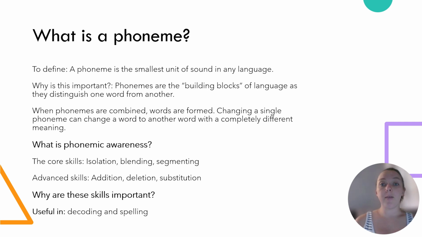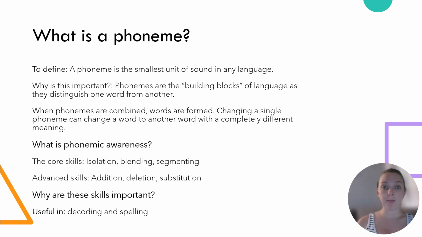Then there are the advanced skills, which are addition, deletion, and substitution. With addition, I'm going to give you a word, let's say mile, and then I'm going to give you a phoneme to add to the beginning of that word. So add s to mile.